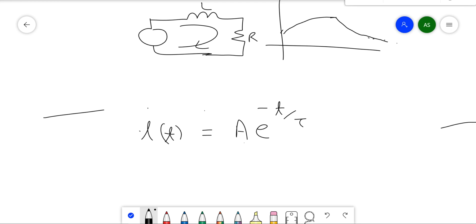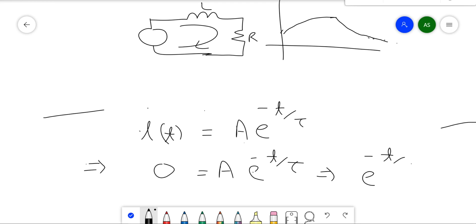So if someone asks when it will reach 0, that is when a e to the power minus t by tau is equal to 0. That means e to the power minus t by tau equals 0.